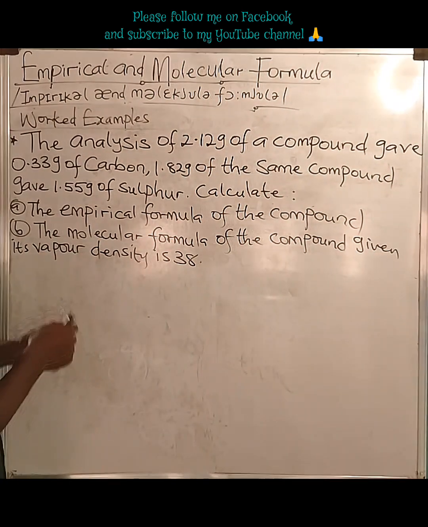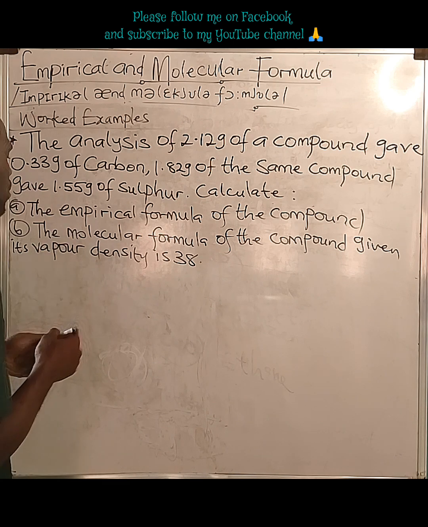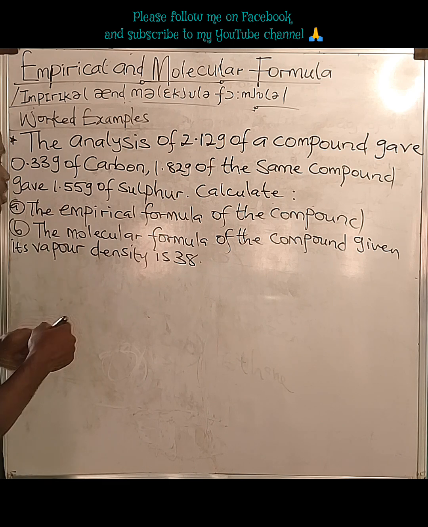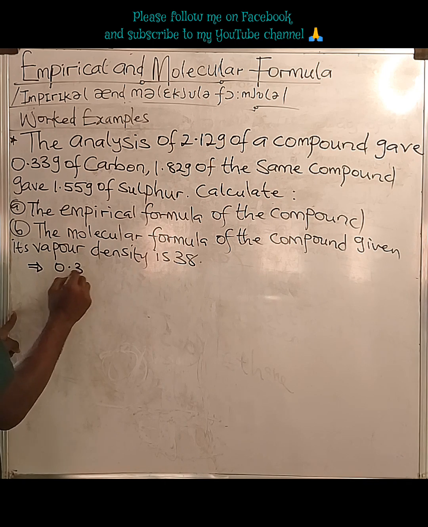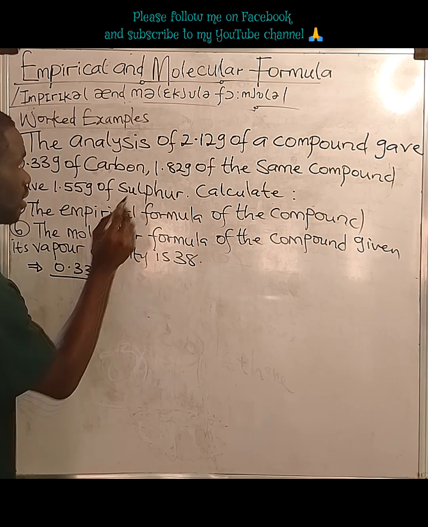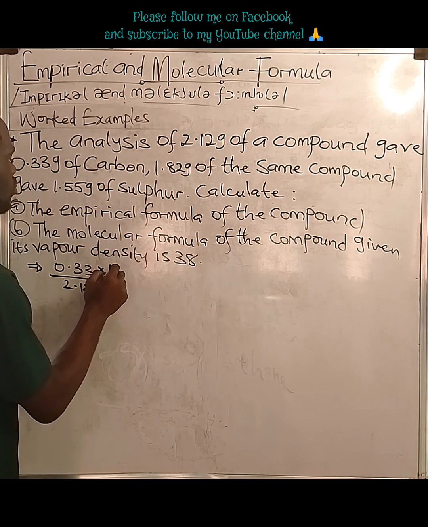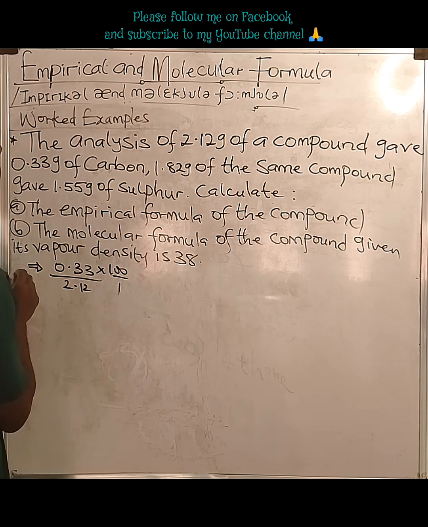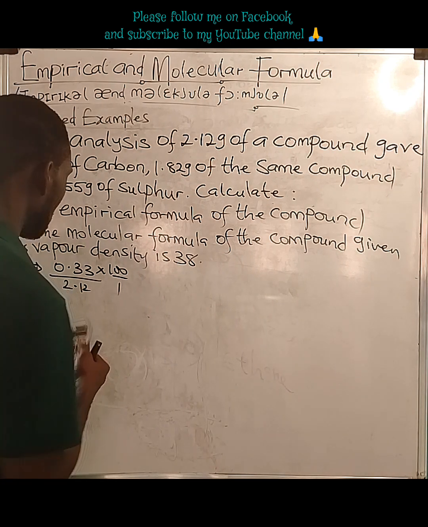You understand? So if 2.12 gram of the compound gives us 0.33 gram of carbon, let's say the percentage of carbon in that very compound is 0.33 gram over 2.12 times 100 over 1. This is for carbon. You are trying to get the percentage of carbon in that given compound, so you're going to use our calculator.